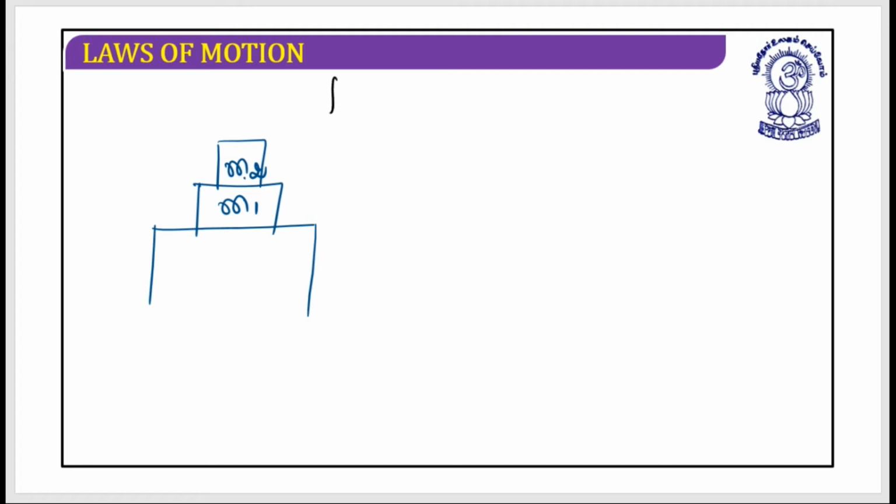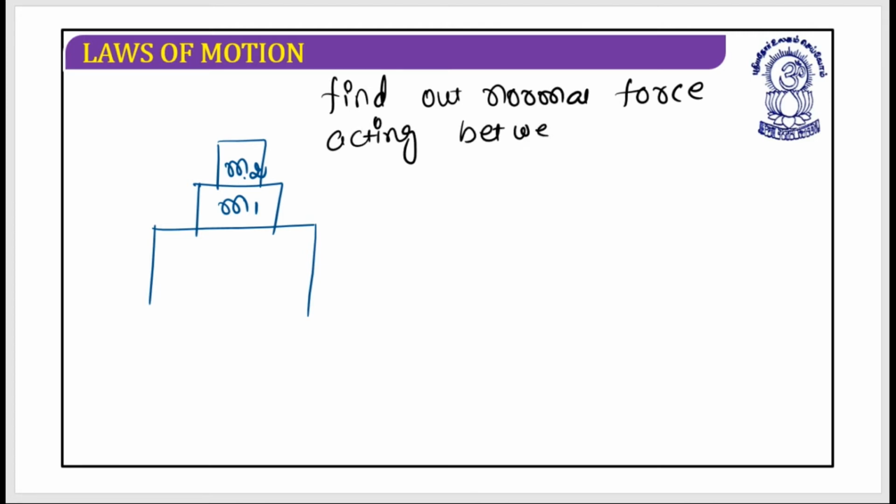The question is, find out the normal force acting between bodies M1 and M2. You need to find out the normal force acting between body M1 and body M2.